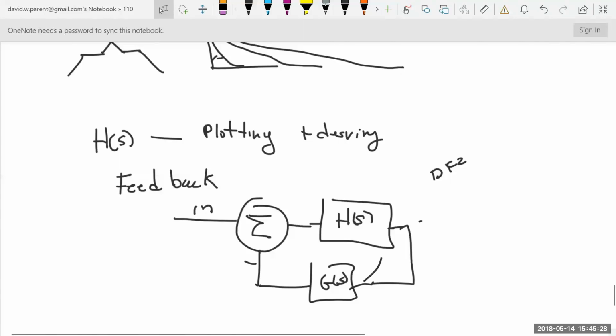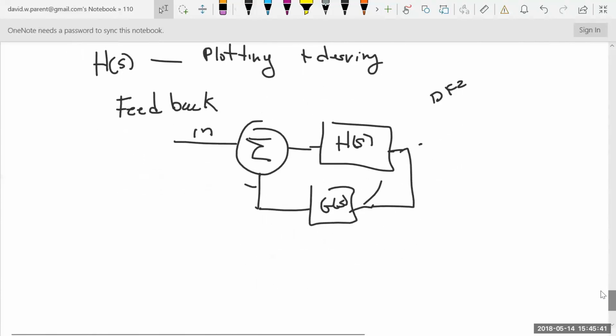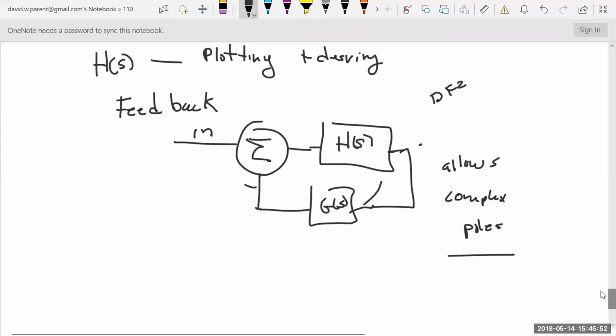The DF2, that feedback network is happening in parallel, and then sometimes you have a feed forward network that things can happen in parallel, right? But that negative feedback allows complex poles, right?